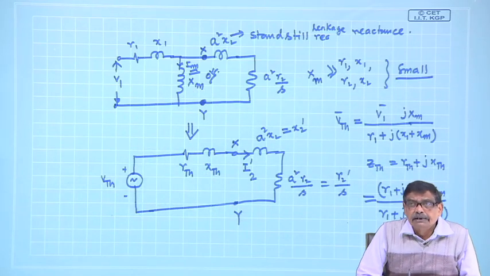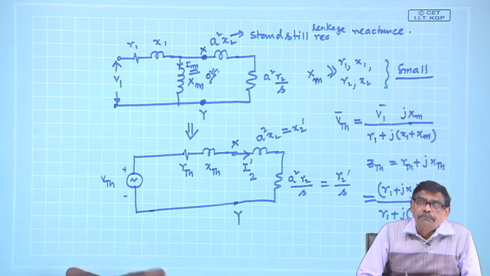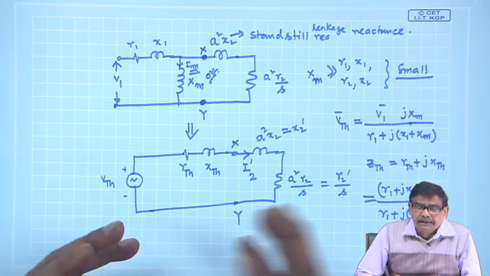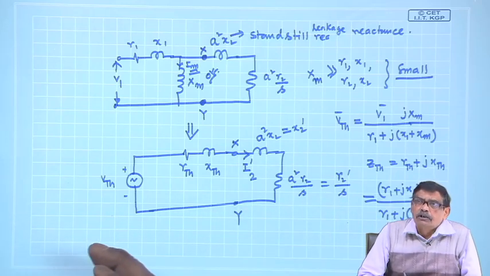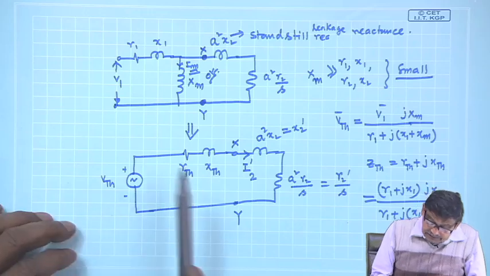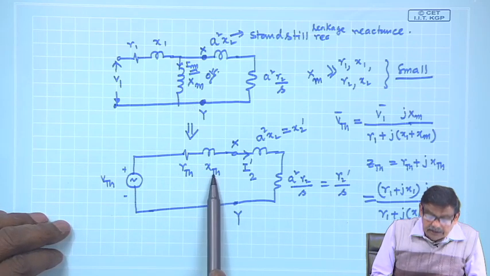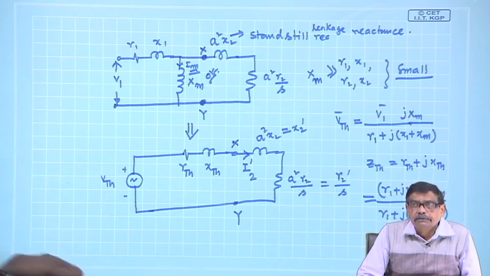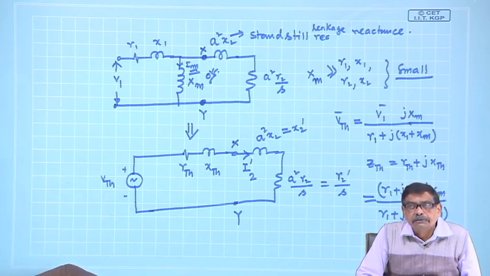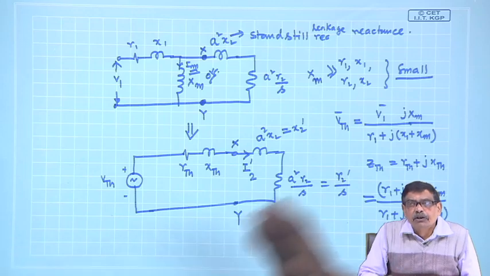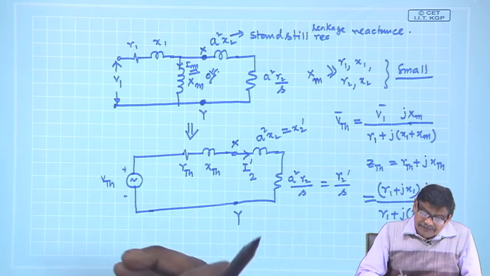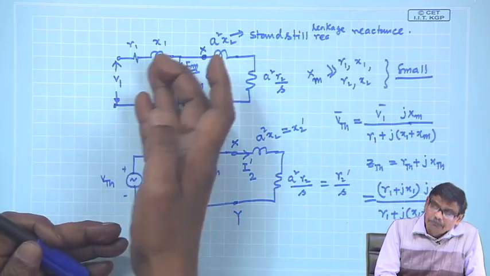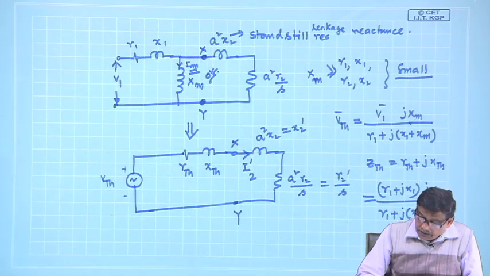So, whenever you connect a low impedance in parallel with a higher impedance, the equivalent impedance will be of the order of the low impedance only. That is, this R Thevenin, X Thevenin still remains low. In some cases, people forget about XM, then it will be simply R1, X1. I think you got the point.